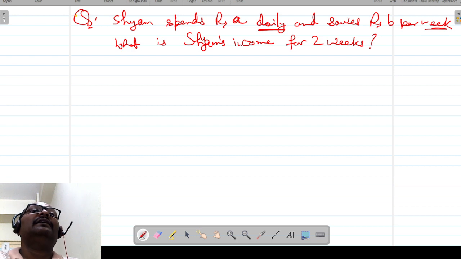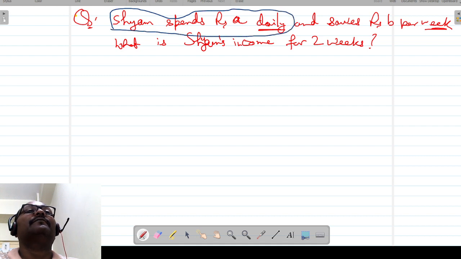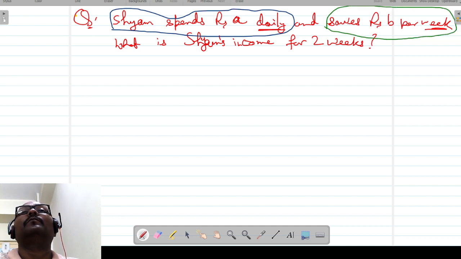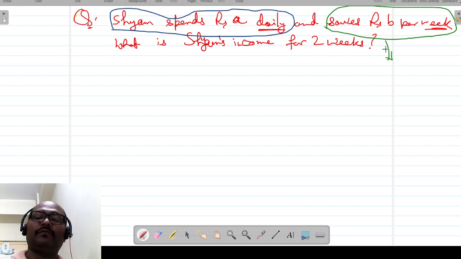One is earning and one is expenses. Here you can understand it's expenses and here it's saving. So rupees b per week means there are 2 weeks. We can write it.